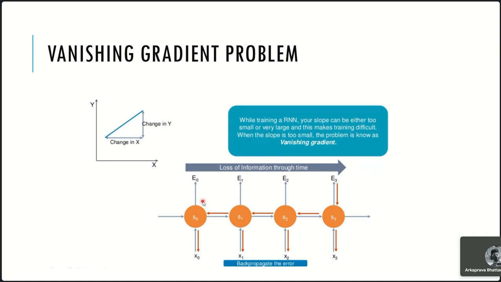By the time it reaches the input layer, the error might become almost zero. So in such a case, when the error becomes zero, what will the input layer do? It will do nothing. It will not update its weights, the reason being that there is no change.